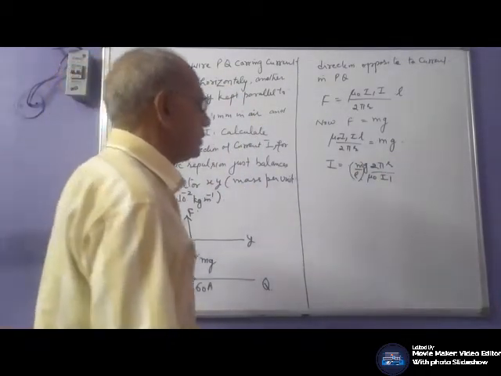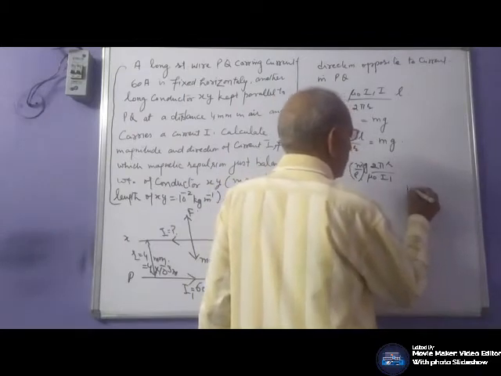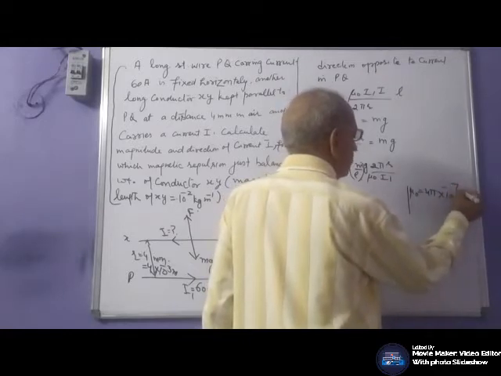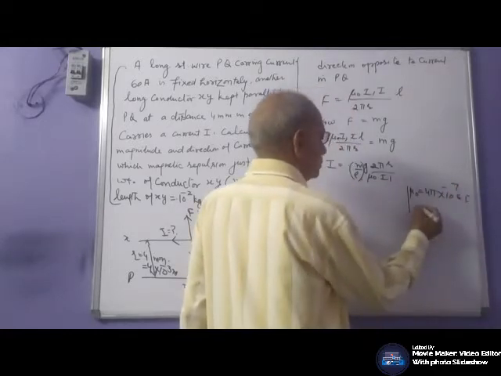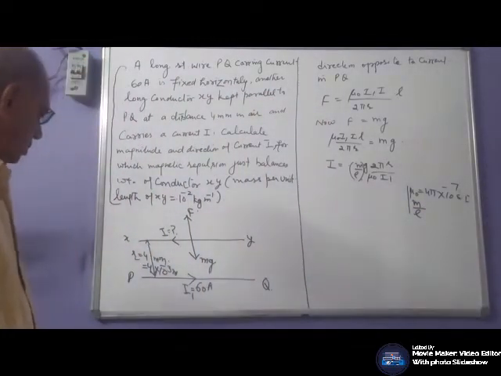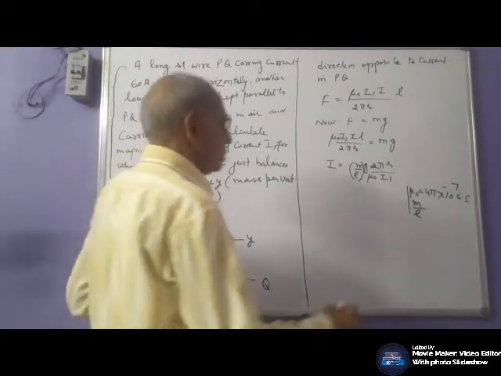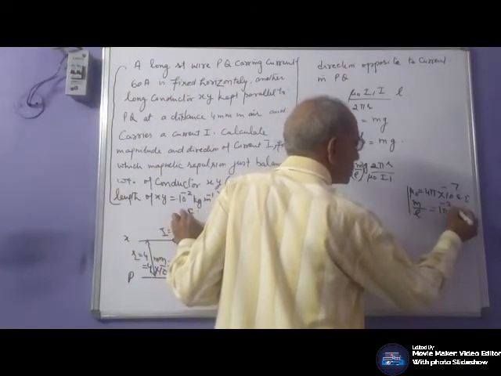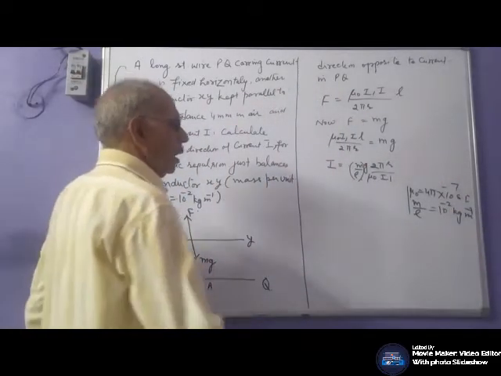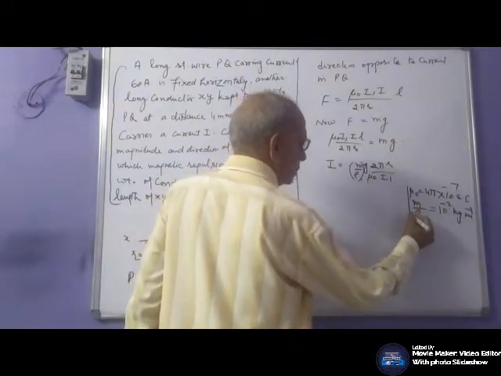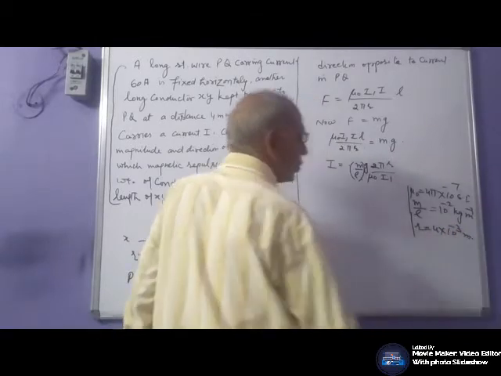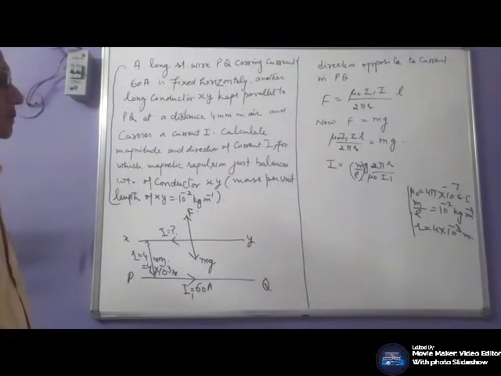Now everything is given. Mu naught 4 pi 10 to minus 7 SI units. M by L is 10 to the minus 2 kilogram per meter. R is 4 milli, so 4 into 10 to the minus 3 meter.